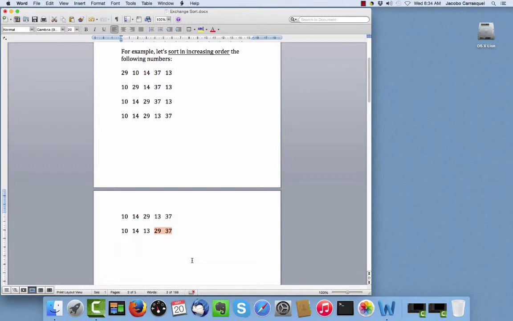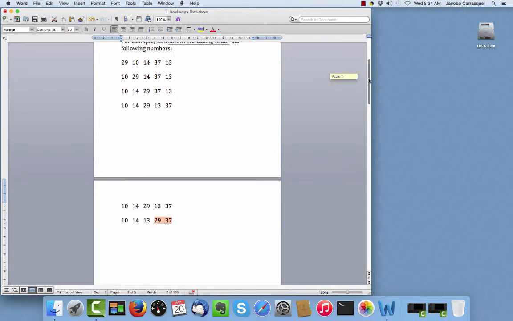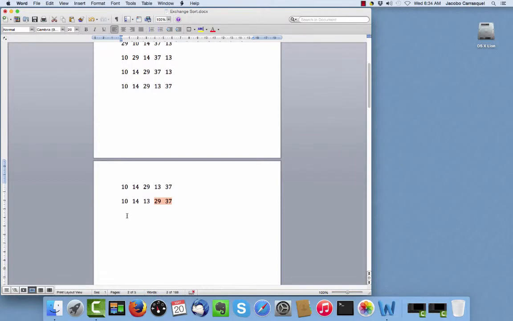I need to perform a third pass, repeat this technique for the third time, to sort those numbers. In this case, I'm going to consider these numbers, and I'm going to worry only about the first one.